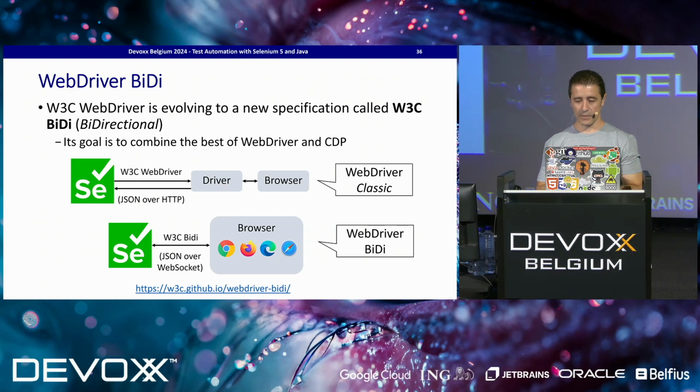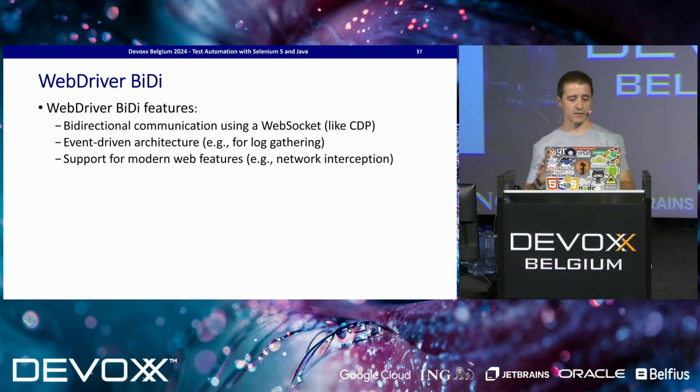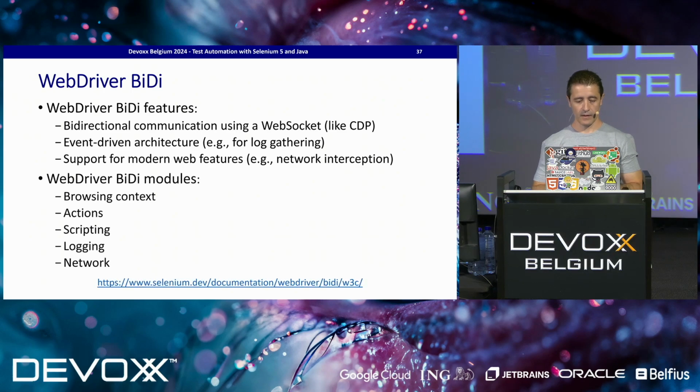So yeah, this is happening now, and WebDriver BiDi has appealing new features, right? This bidirectional connection through WebSocket, event-driven architecture, for example for log gathering, and other modern features that were not available in WebDriver Classic. It has 5 modules. The idea is that WebDriver BiDi is as comprehensive as WebDriver and CDP, but using standards.